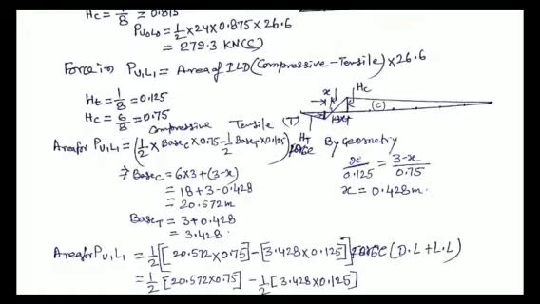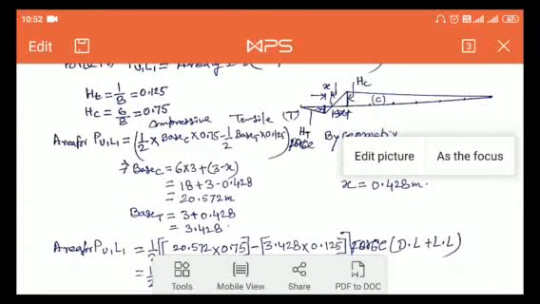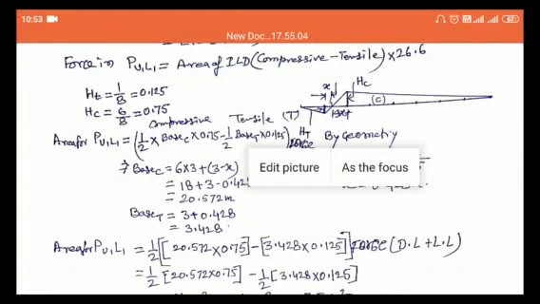Now we will find out the area of the compression zone and tension zone. So the area of the compression zone first. The base of this triangle will be from here to here, and the base of the triangle in the tensile zone will be from here to here.